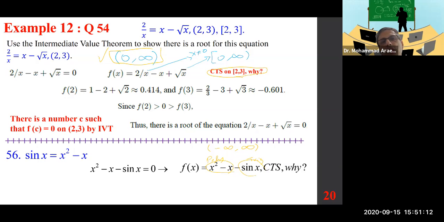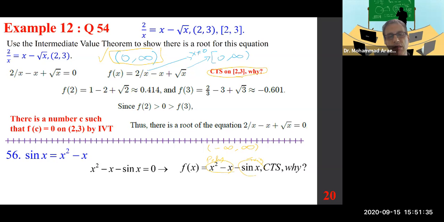Domain is all real numbers. So the moment you say continuous, it's fine, come up with the domain. So the function has a domain which is all real numbers. Now all you have to do, and this is by inspection, class, is make up 2 points such that they give us different functional values.